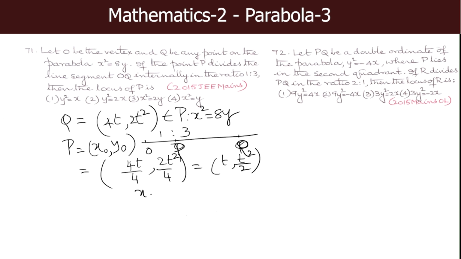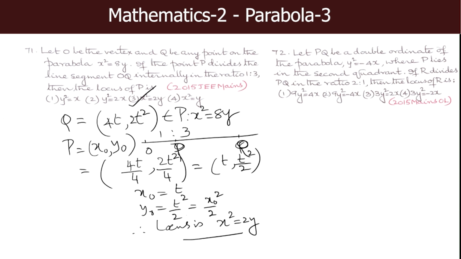So, x naught is t, y naught is t square by 2, that is equal to x naught square by 2. Therefore, the locus is x square equal to 2y. That is the parabola x square equal to 2y. 2015 JEE Mains.